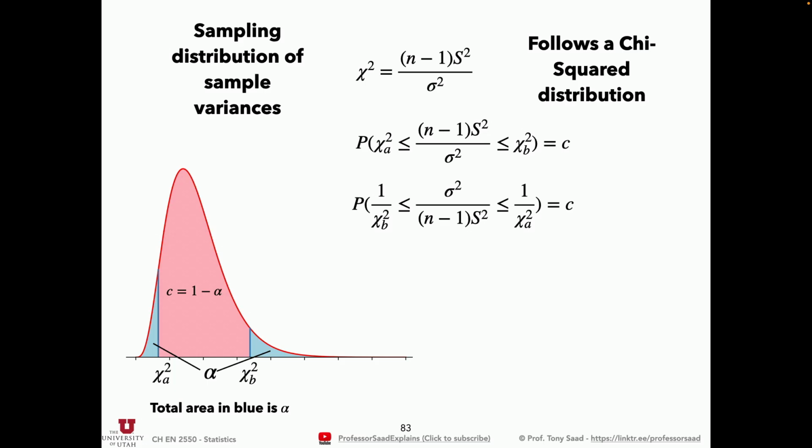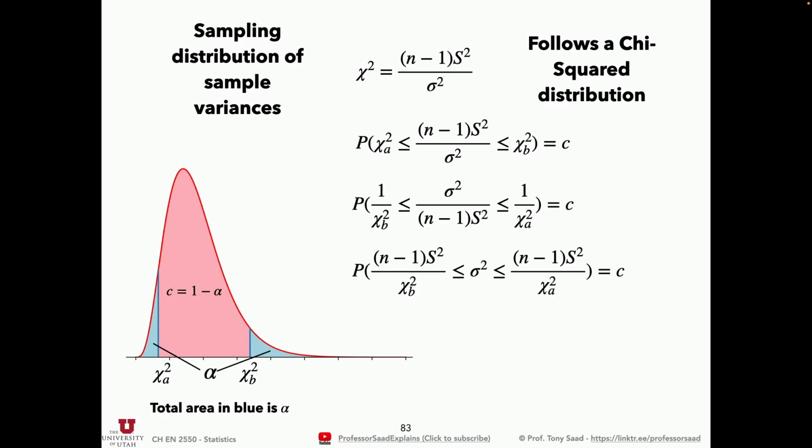We haven't determined chi squared a and chi squared b yet, but those can be determined just from inverse lookup, like we did with the z and t values. What I'm after is finding a bound on sigma squared, and then you multiply by n minus 1 times s squared, which is a positive quantity, so it's not going to change the unequal signs here. And we get our confidence interval for sigma squared.